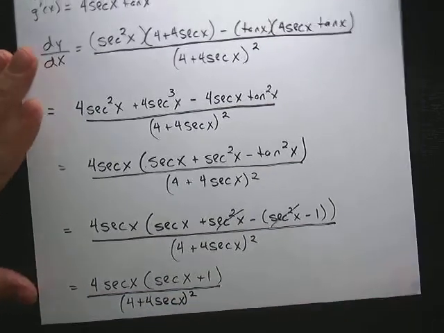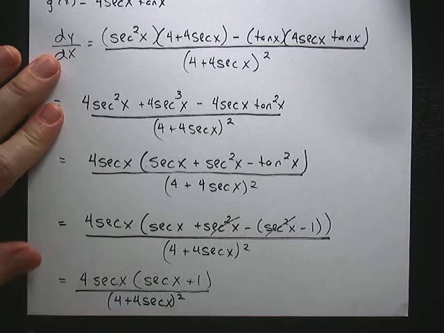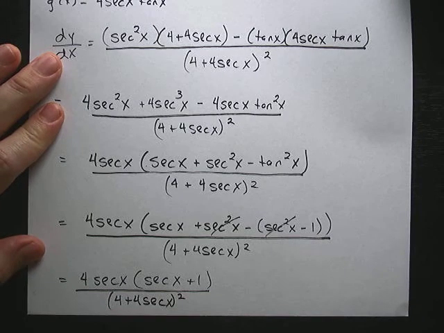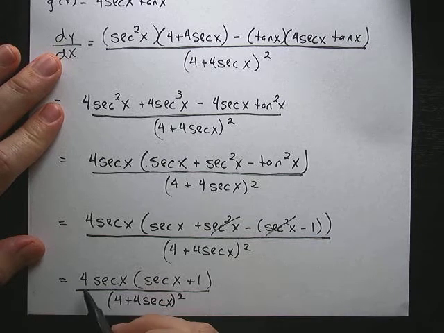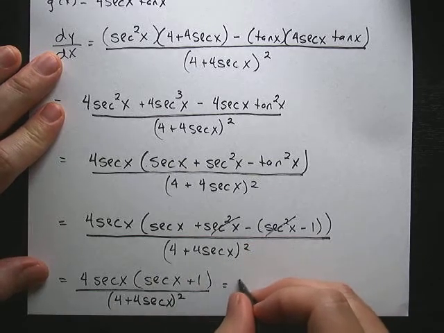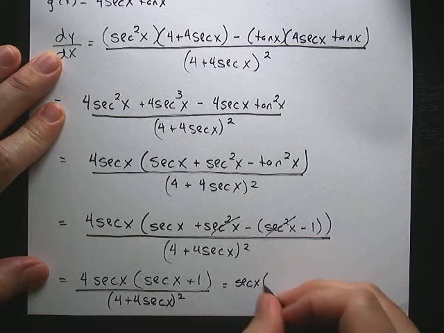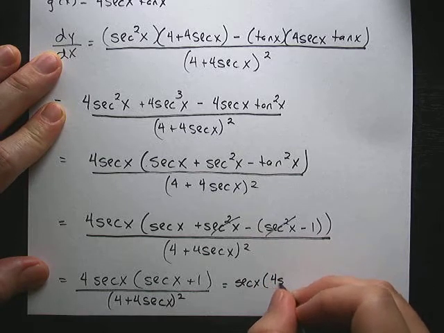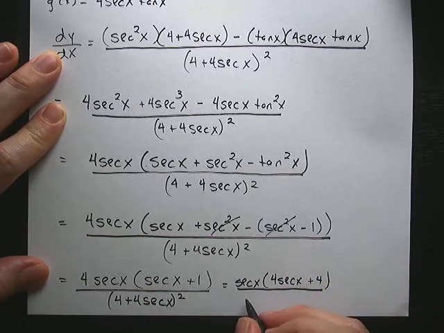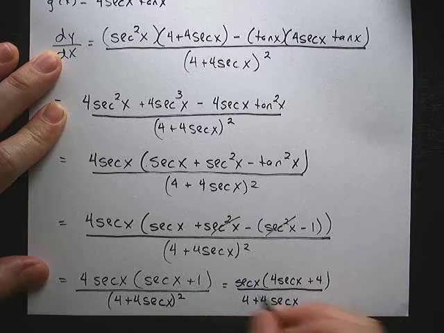Now, what I was talking about, seeing what you need to do once you get into the middle of the problem, is that I can see something is going to cancel here, but we should leave the 4 unfactored. So I'm going to undo this. I took the 4 out earlier; I'm going to put the 4 back in. I'm going to leave the secant x out front, but inside I'm going to get 4 secant x plus 4. The reason is that 4 plus 4 secant x is the same as this term.